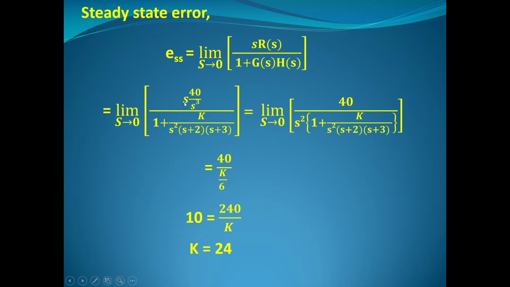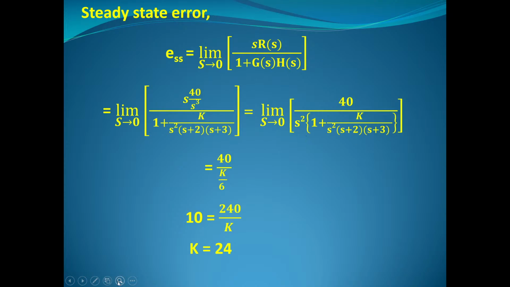Limit s tends to 0, 40 by s cube is there, so 40 by s square. Instead of writing it in the numerator, you can write it in the denominator into this whole term, whatever was there as it is. I have written 1 plus k by s square into s plus 2 into s plus 3. Now you just send this s square inside within this flower bracket.